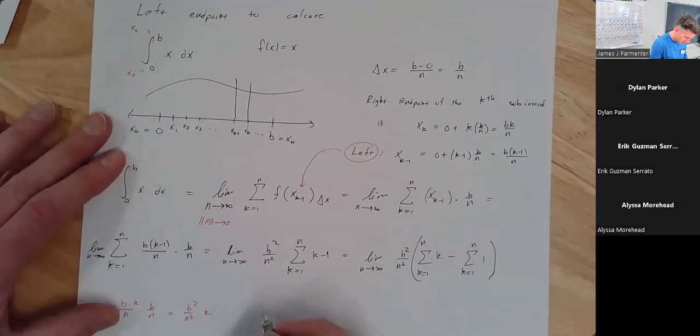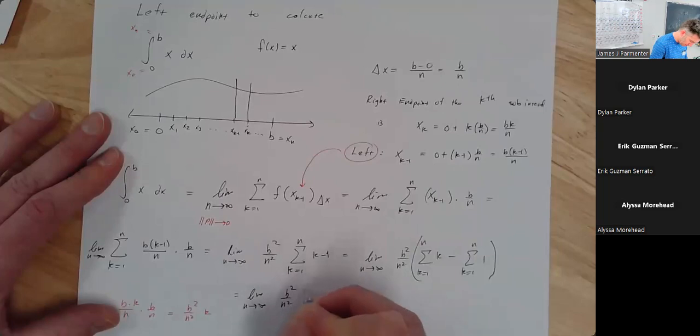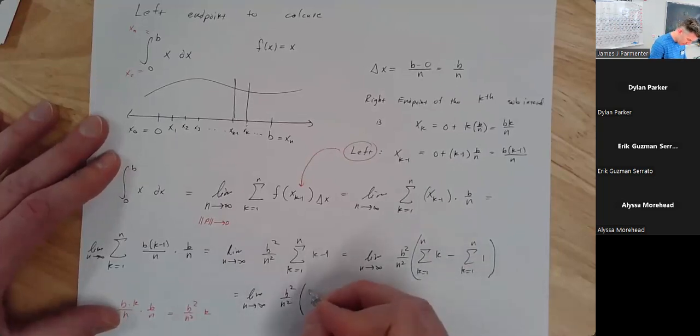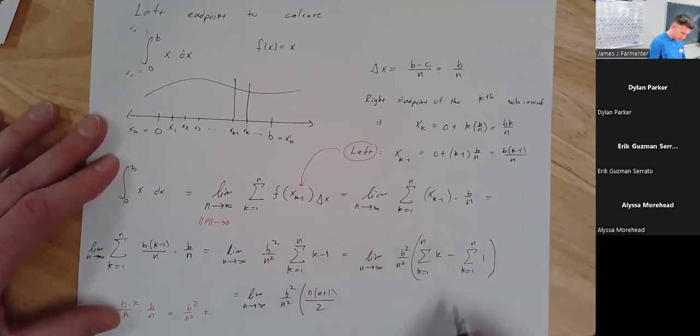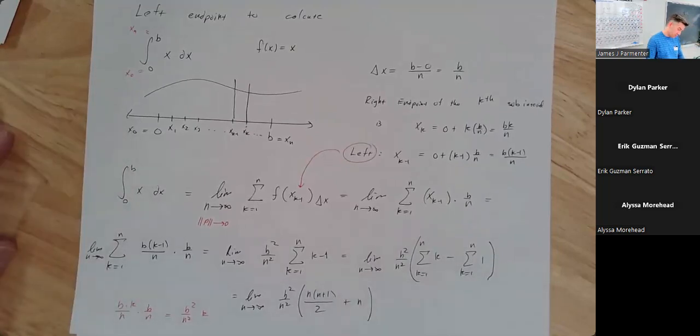Then we use our formulas. So it's going to equal the limit as n goes to infinity of b squared over n squared times the sum from k equals 1 to n of k, which is n times n plus 1 over 2. And the sum of 1 is just n. Okay, I was worried it was going to come out wrong, but it's not. It's going to come out fine.